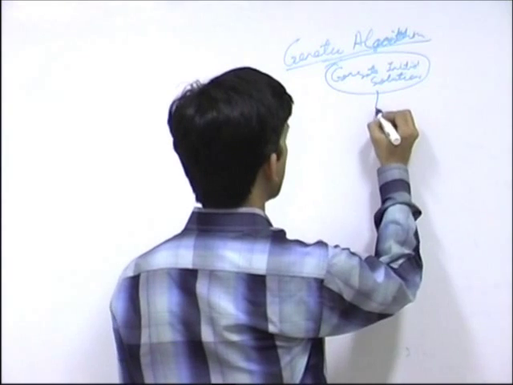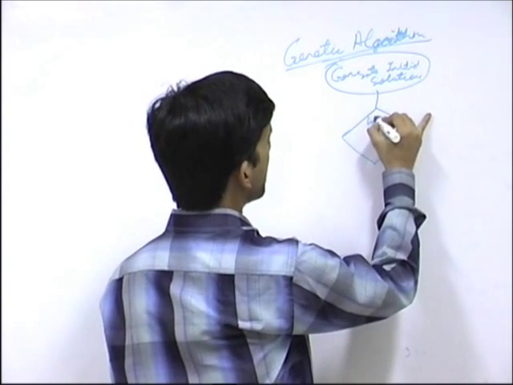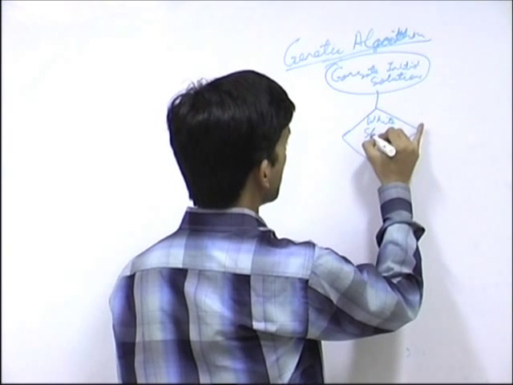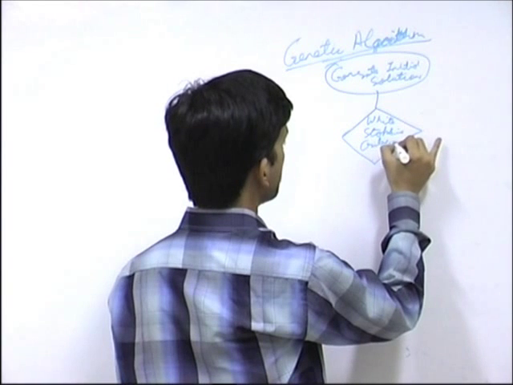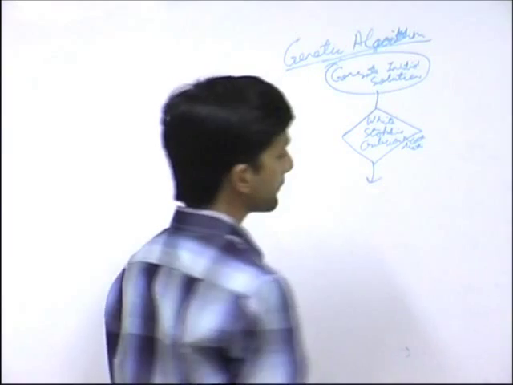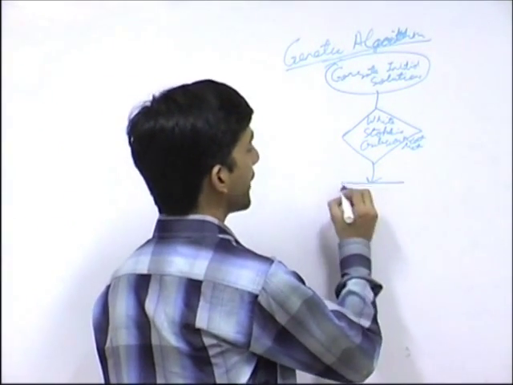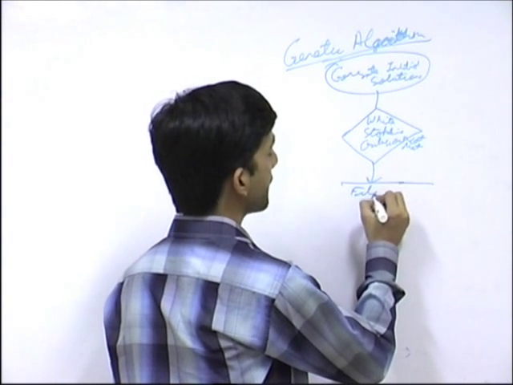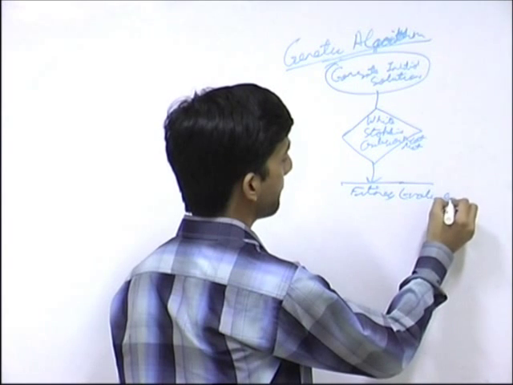Again, I apply some kind of loop over here. So while the stopping criterion is not met, what I do is try to find out the fitness of each and every individual over here. So there is a fitness evaluation.